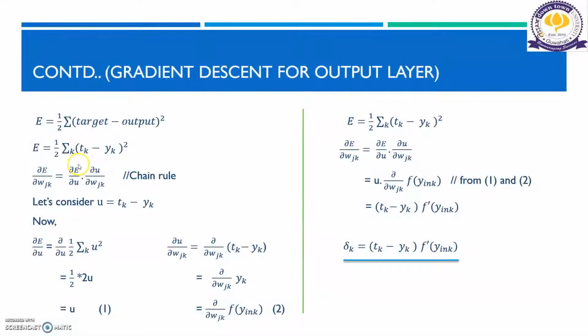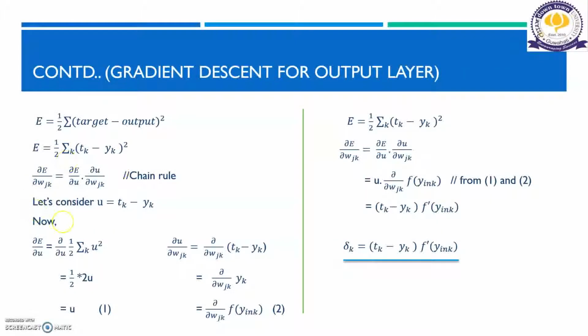Now, as I already mentioned, gradient descent is calculating error in terms of weight, and it basically calculates the first order derivative of the error with respect to the weight. So in order to calculate gradient descent, we have to find the derivative of error with respect to wjk, in terms of weights associated with the output layer units.